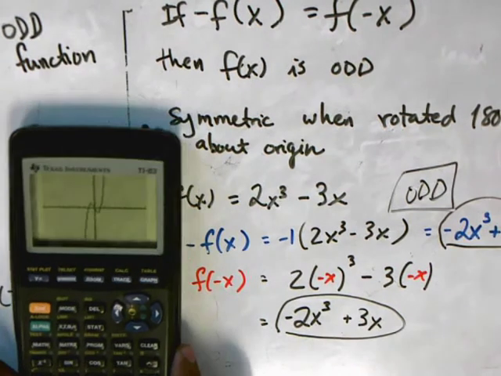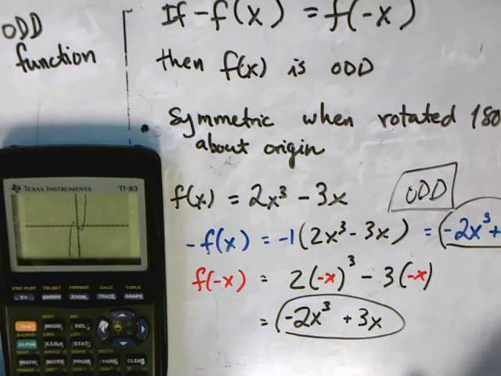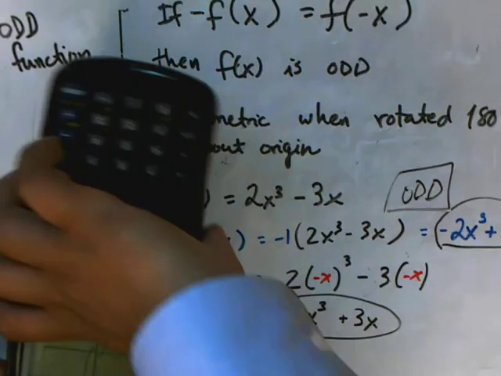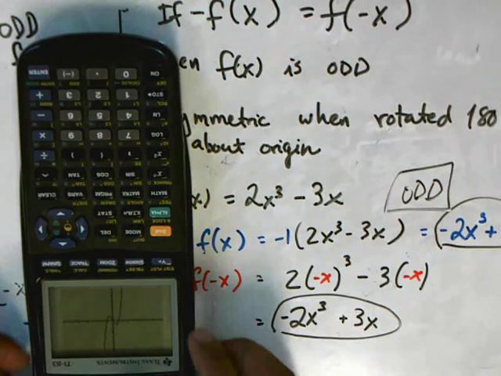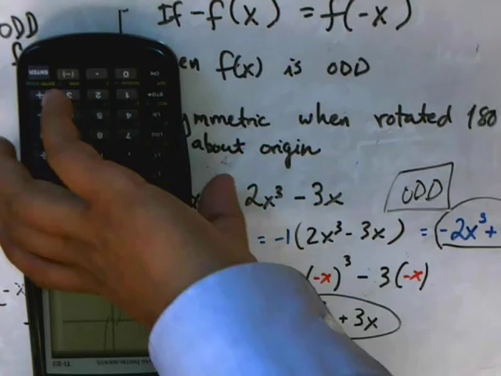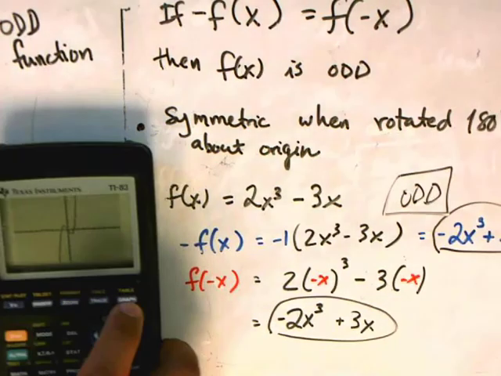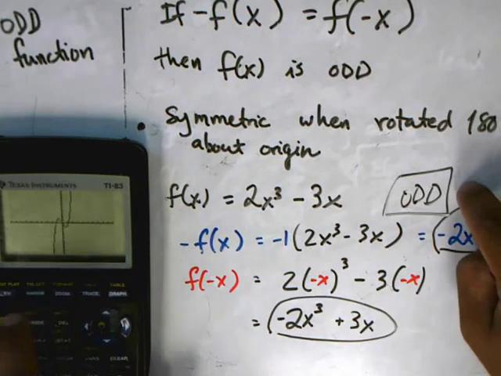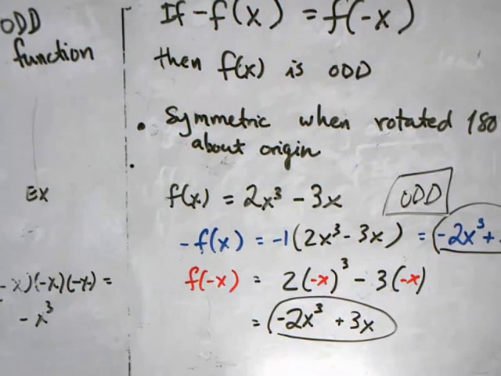I give you the graph so that we can see what happens if you take it and spin it 180 degrees. It's the exact same graph again. That's what we mean when we say it's symmetric when rotated 180 degrees about the origin. So this is an odd function. The one we saw earlier was an even function.